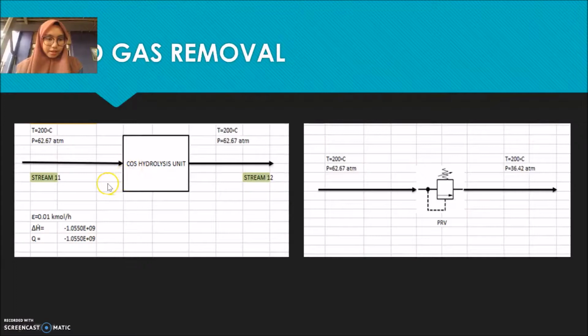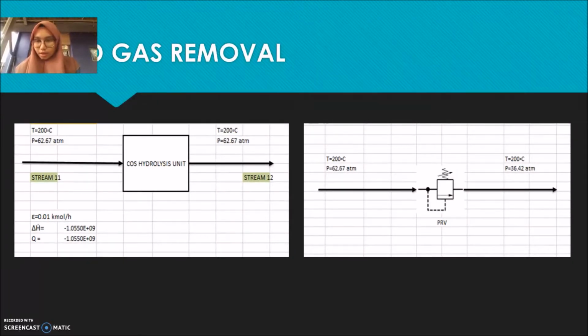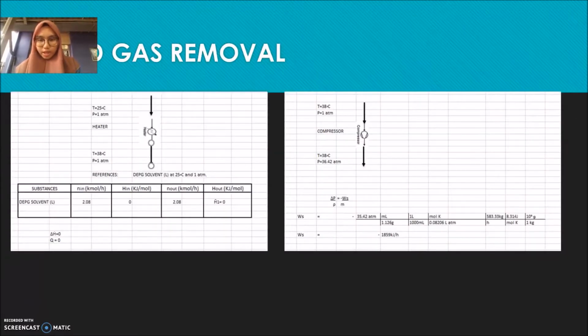Okay, next, for the COS hydrolysis unit, the acid gas fraction is equal to 0.01 kmol per hour, and the Q calculated is negative 1.0550 exponent 9. After the COS hydrolysis unit, which is stream 12, before entering the next reactor, which is the absorption unit, we have another PRV, which also functions to reduce the pressure to 36.42 atm.